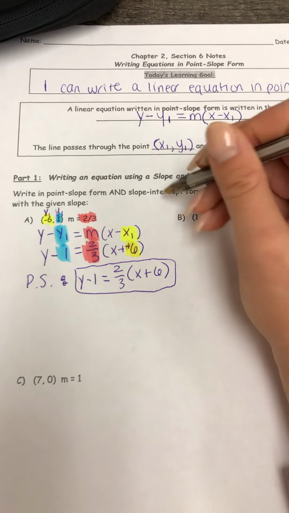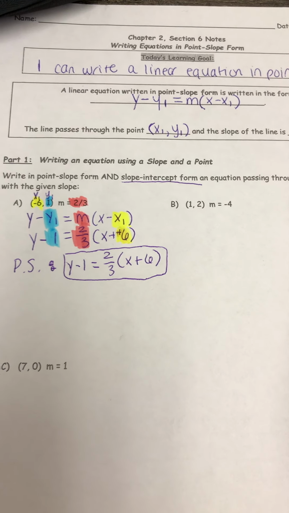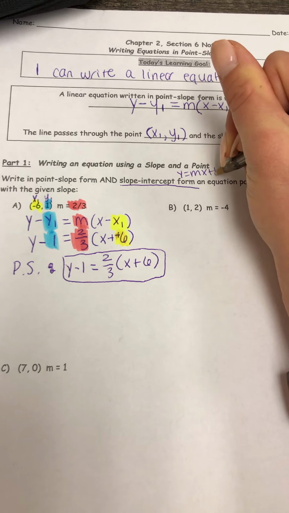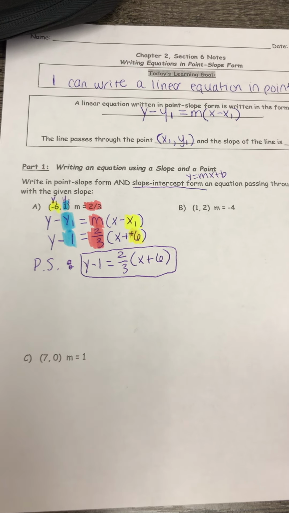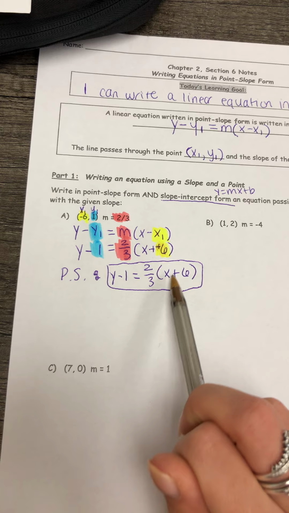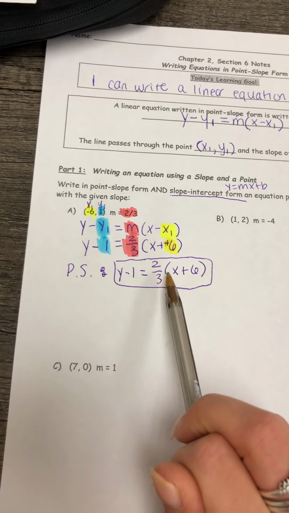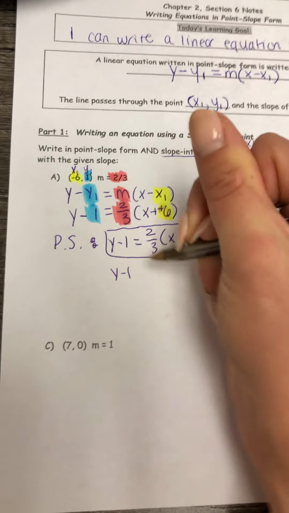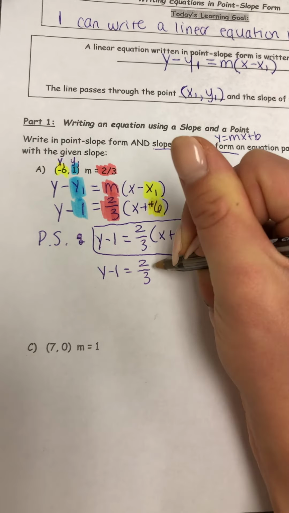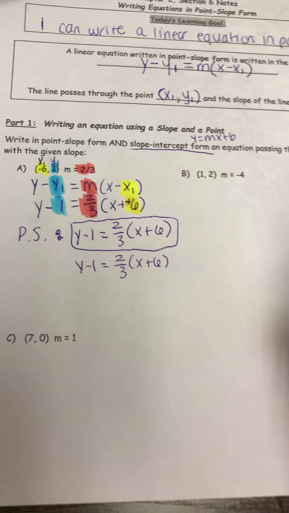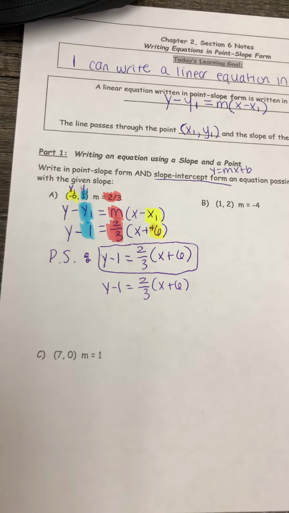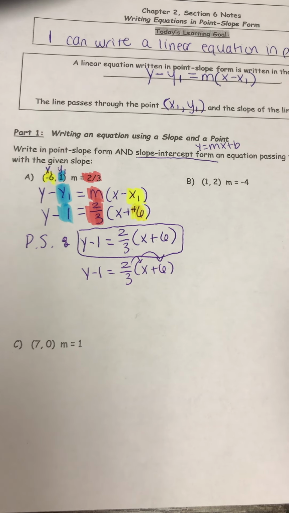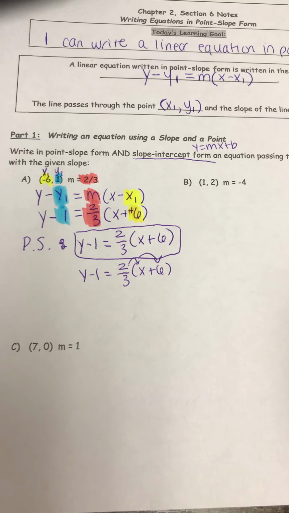Now they also want slope intercept form, which is y equals mx plus b. So what I need to do is take my point slope form and break it down so that y is by itself. So I'm going to rewrite this equation again. And in order for me to get y by itself, I'm going to need to distribute that 2/3 to the x and the 6.